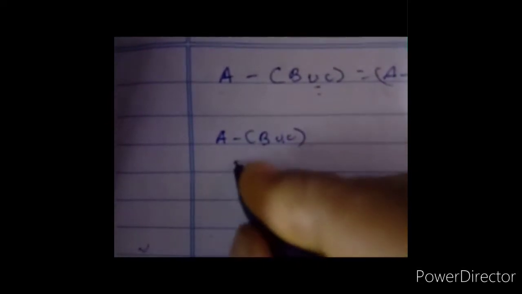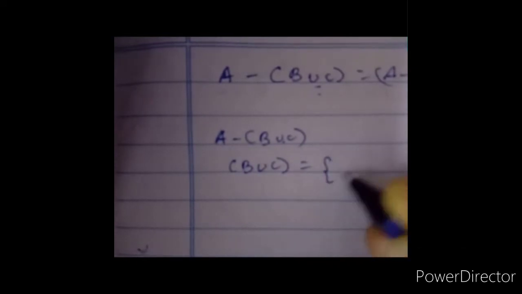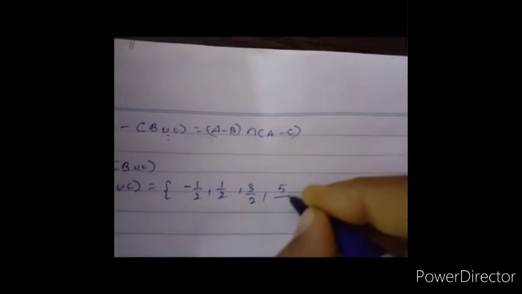So first you have to simplify the bracket. Take the left hand side, A minus (B union C). So simplify the bracket first: B union C, you have to find it out. B value is {-1/2, 1/2, 3/2, 5/2, 7/2}.